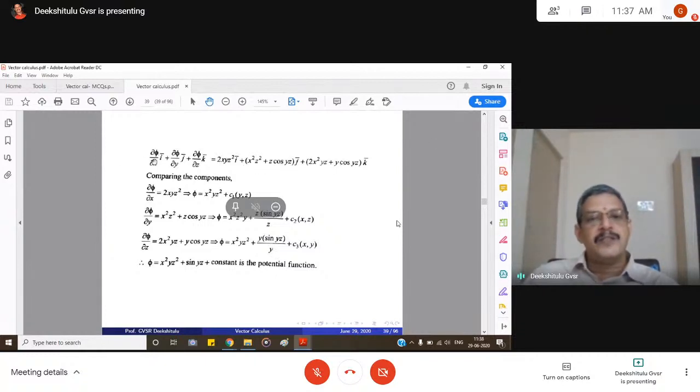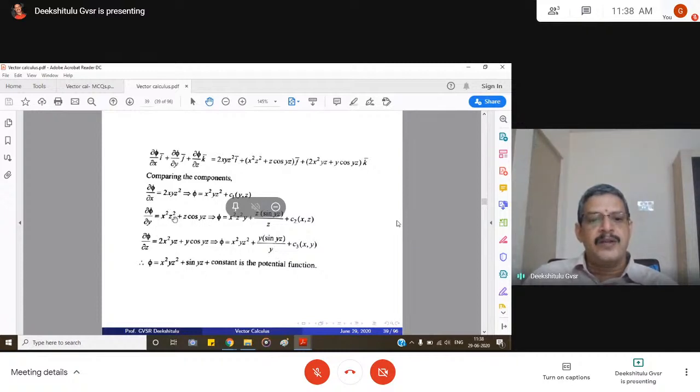So as we did in the previous problem, compare the coefficients of i bar, j bar and k bar. So ∂φ/∂x is 2xyz². Integrate with respect to x: this becomes x²yz² plus a constant, a function of y and z, because integration is with respect to x. ∂φ/∂y is x²z² plus z cos yz. So integrate with respect to y.